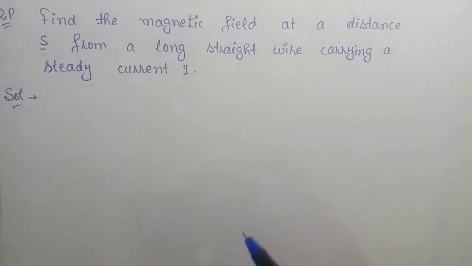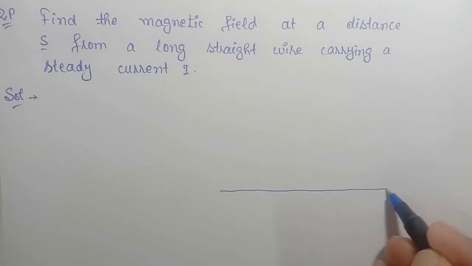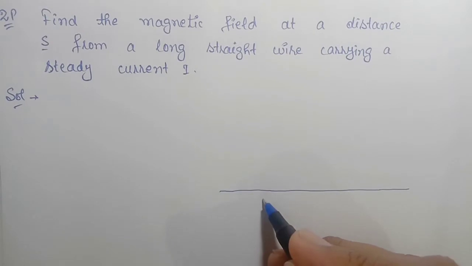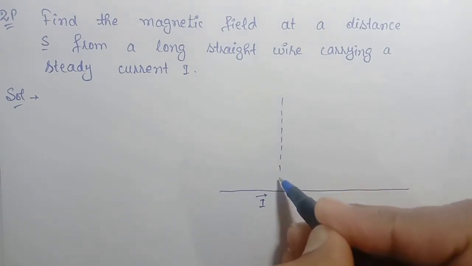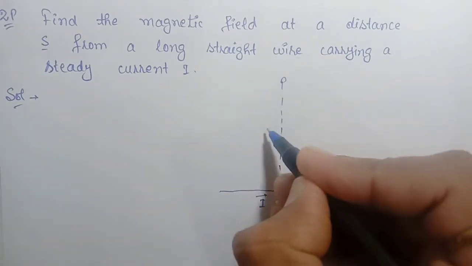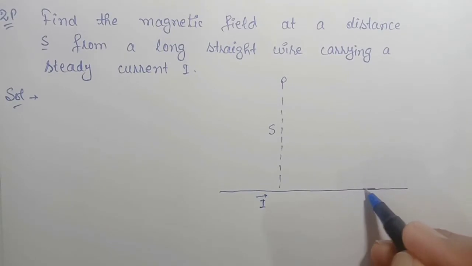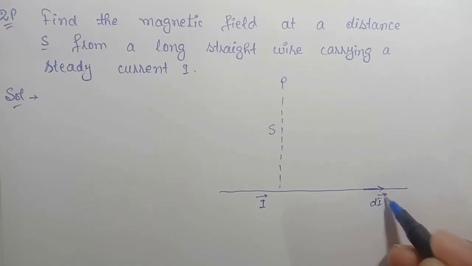Suppose this is a long straight wire and steady current I flows through it, and we want the magnetic field at a point P, which is at a distance s from the line. Suppose this is a small element, dl vector.